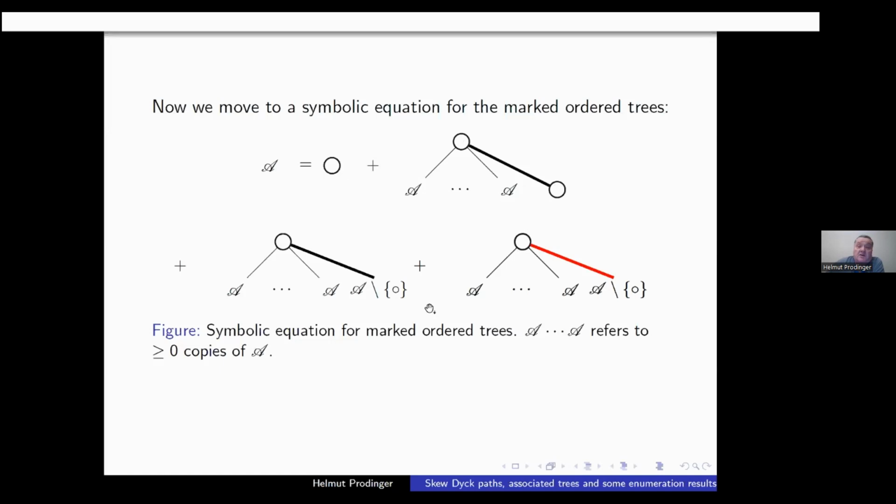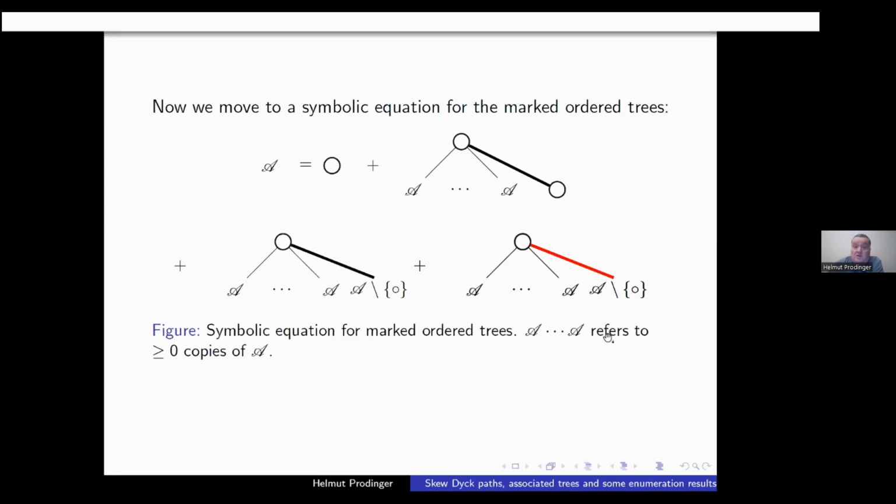The only thing that one has to be careful about is if the rightmost edge is red. And then the syntactic condition tells you that you cannot stop here immediately, because what would happen then if you translate that into a Dyck type path, that you go down and you come back immediately with red, and that's exactly what's forbidden. So that's the equation.